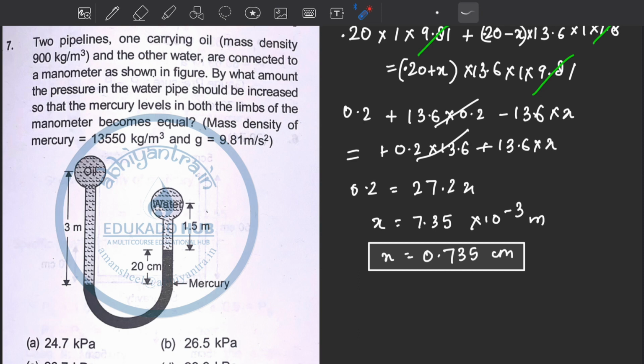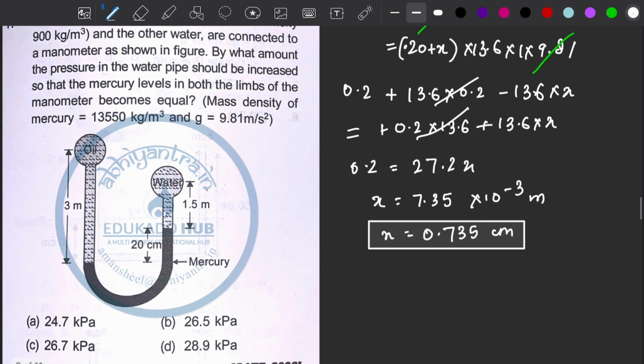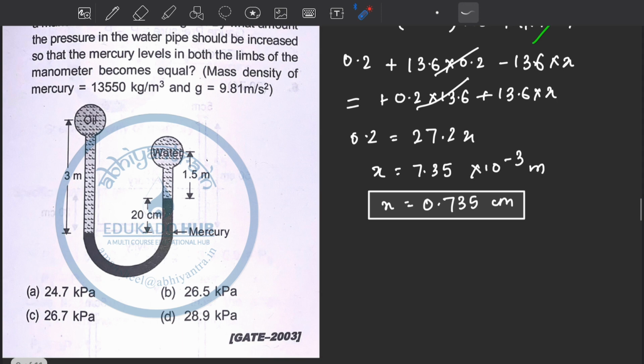Mass density of mercury and G, the value is given. So now let's calculate the thing.